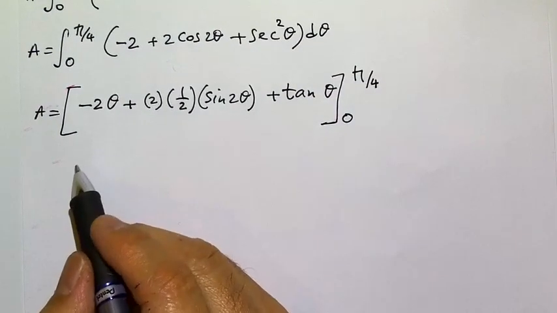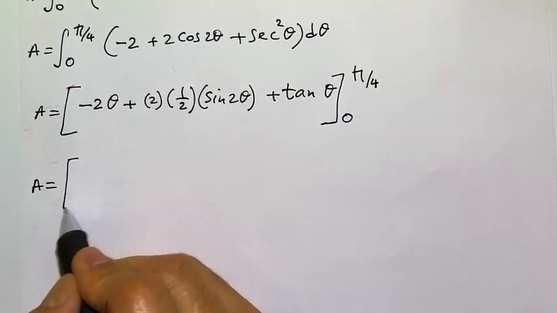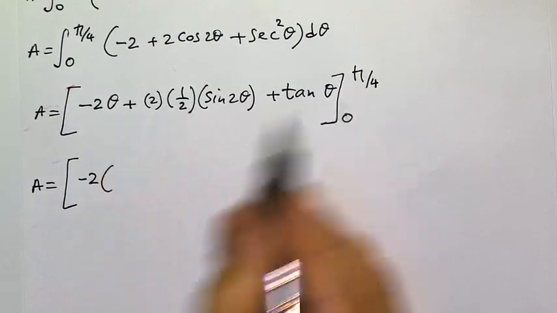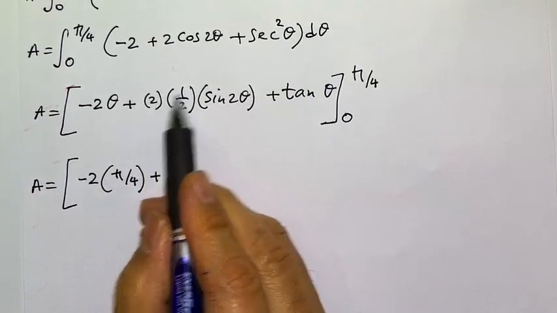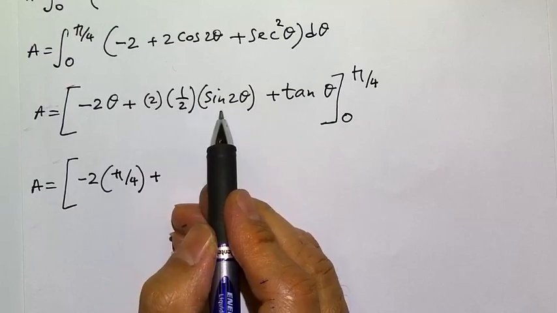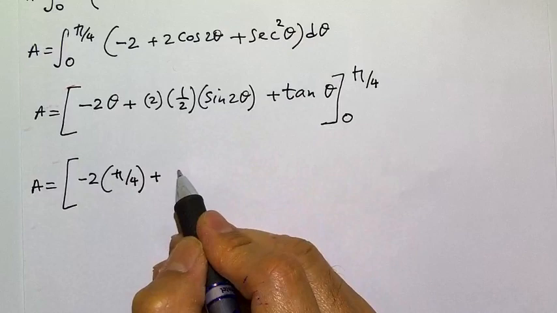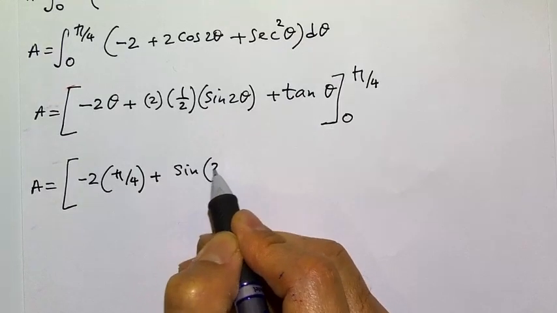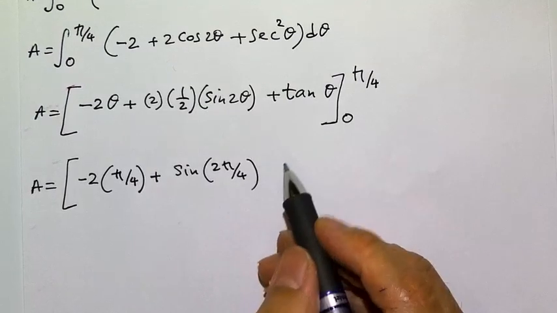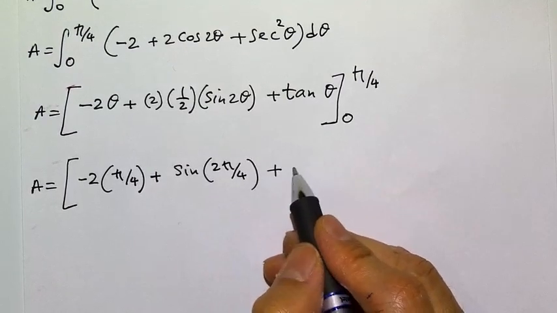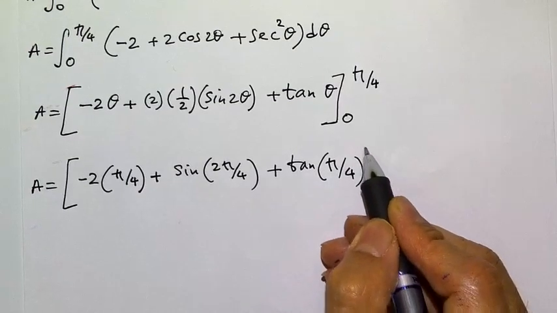All right. So let's substitute. We have area equals minus 2 times pi over 4 plus 2 times 1/2 is just 1 times sine 2 pi over 4. Of course, that's going to reduce to pi over 2 eventually, plus tangent of pi over 4.